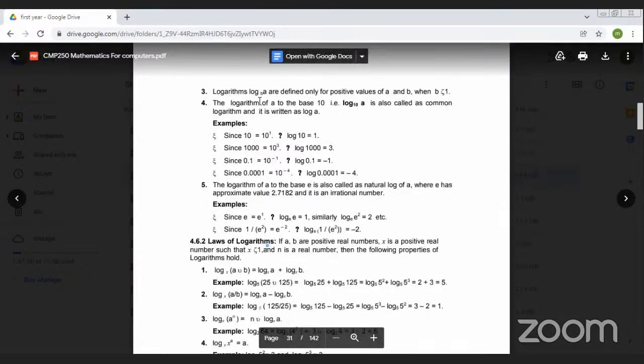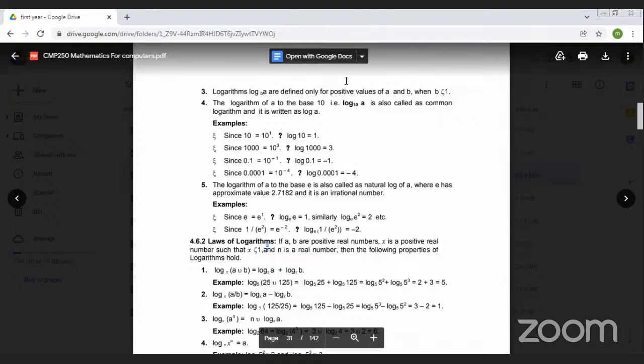Logarithms log b a are defined only for positive values of a and b, where b shouldn't be equal to 1. Now we know there are two types of log. The first one is log when the base is 10.